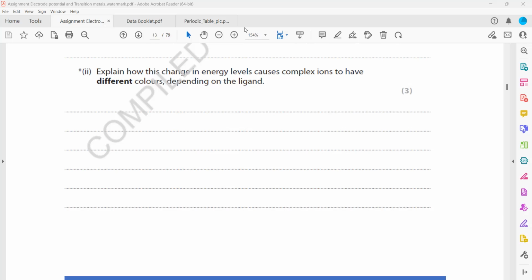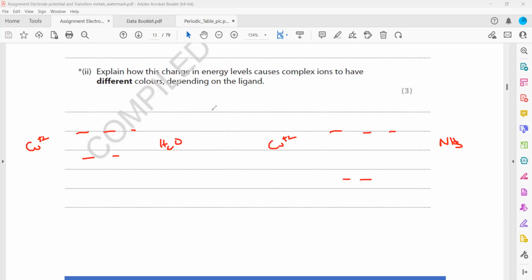So even with copper d orbitals, if water is attached as a ligand, the splitting will be different, and if ammonia is a ligand, the splitting will be different. The gap will be different.